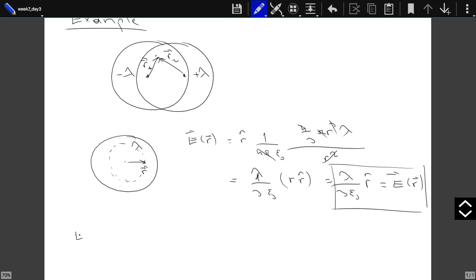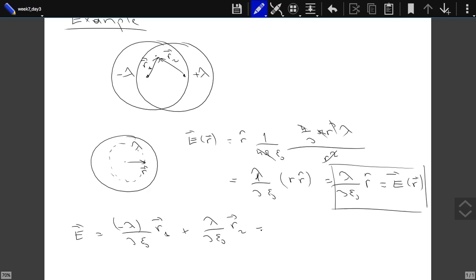So the total electric field will be the electric field created by the negatively charged sphere, which is minus lambda over 3 epsilon 0 R1, plus the electric field created by the positively charged sphere, which is lambda over 3 epsilon 0 times R2.